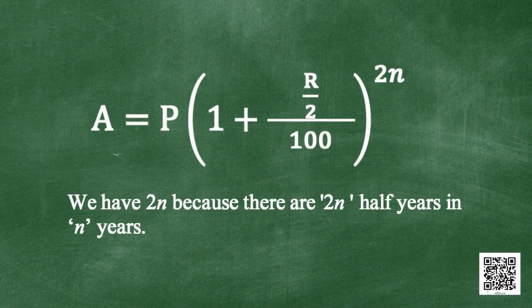So, we obtain the following formula to calculate the amount: A is equal to P times (1 plus R by 2 divided by 100) whole to the power of 2n. We have 2n because there are 2n half years in n years.